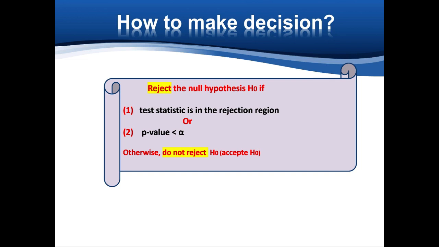Lastly, make the decision. Reject H0 if the test statistic is in the rejection region or the p-value is smaller than alpha. Otherwise, do not reject H0, or you can say accept H0.